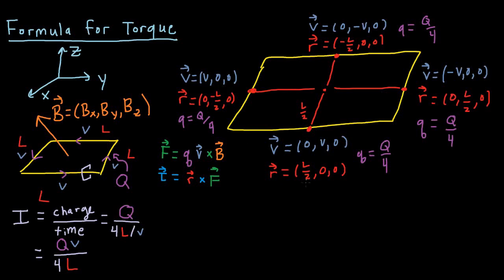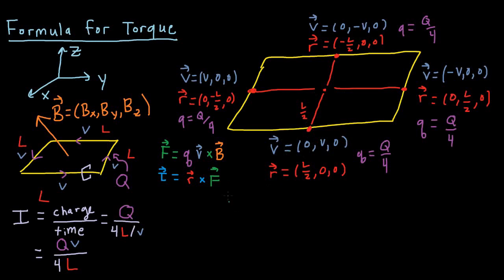And only the average position is important for when you calculate the torque, because the contribution from this part and this part cancel out except for just the average position of the two. So I'm not going to actually go around in this video and calculate the force and torque in each of the 4 parts. I already did it before starting this video.